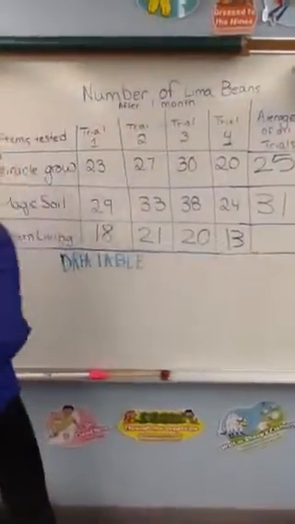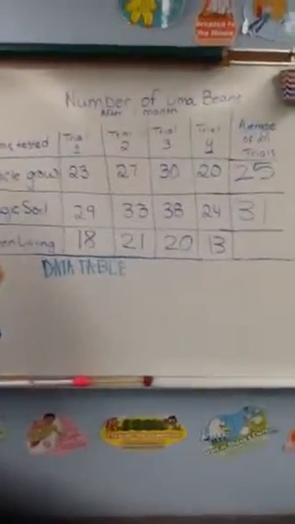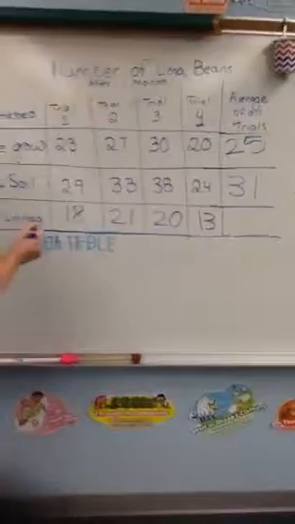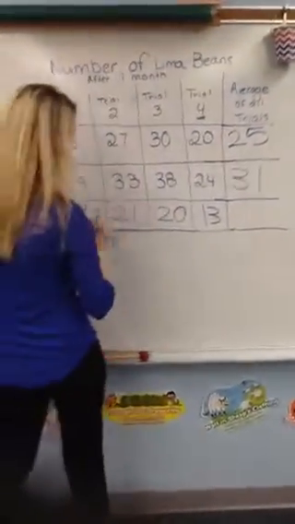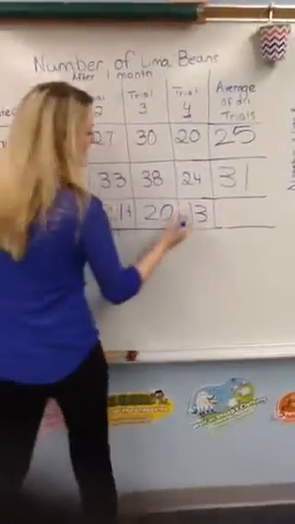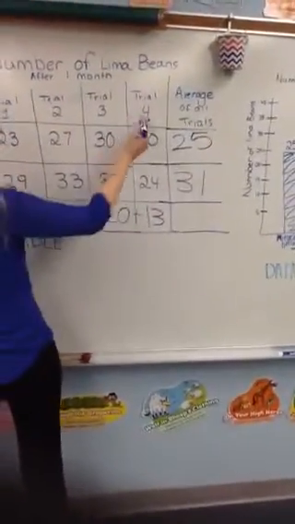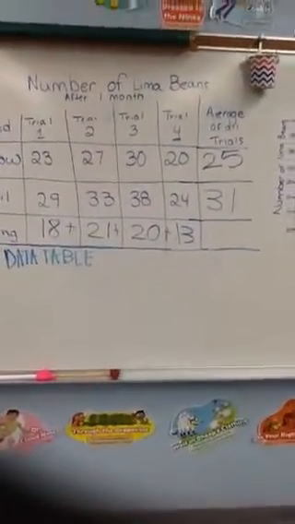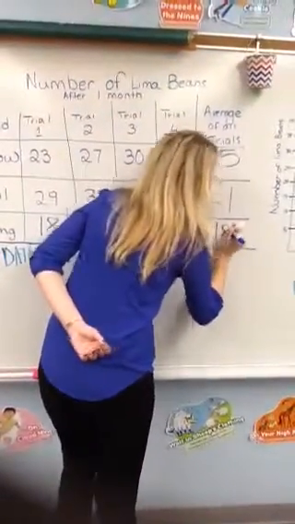So in this, we're counting the number of lima beans, because that's what our experiment was. So that's the number you're seeing here. There were 18 lima beans in trial 1, and so on. So we're going to add 18 plus 21, plus 20, 20, and 13. We're going to add all of them up and divide by, once again, 4. The average of all trials is going to be 18.